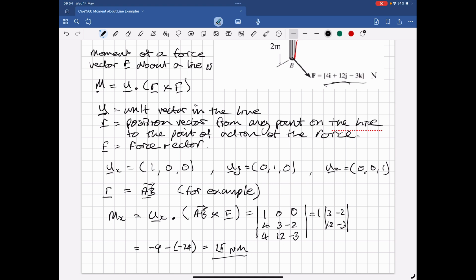So that's the moment of the force about the x-axis.